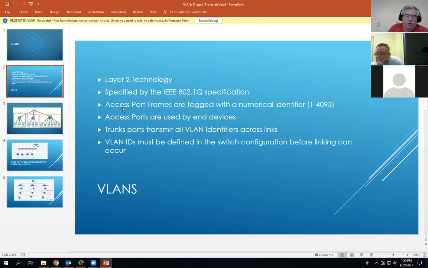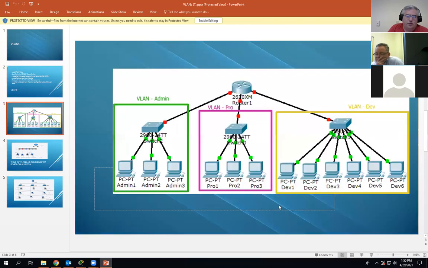So when you divide your access ports, when you put a different number on them, they cannot talk to each other. So the way you want to talk about this is, say, for example, you have your network set up like this, where you have 3 different switches, and they all talk to one router, and the router has 3 separate interfaces, and you have 3 different groups of computers.